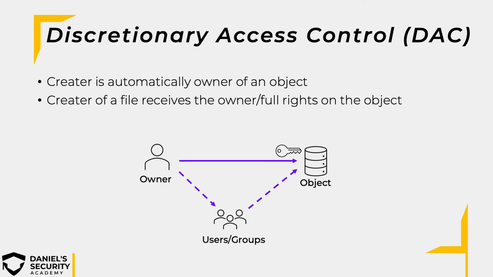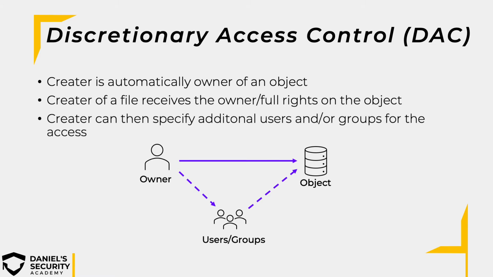So the owner can access the object as much or in a way it wants. But also the creator, who is the owner, can then specify additional users and or groups to access the object. So you can add permissions to someone else as the creator, who is ultimately the owner of the object.